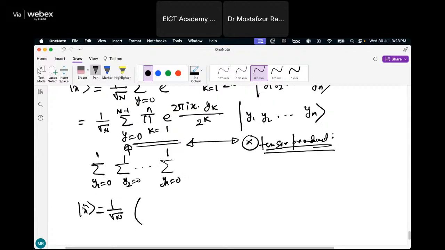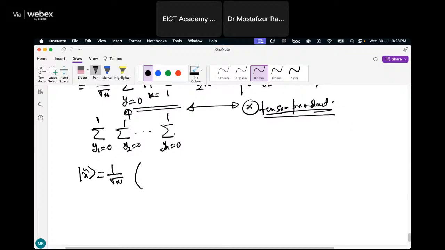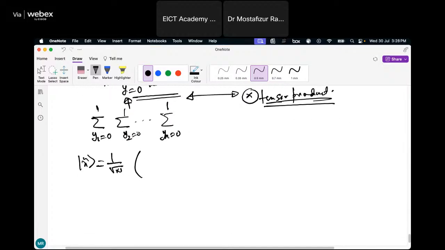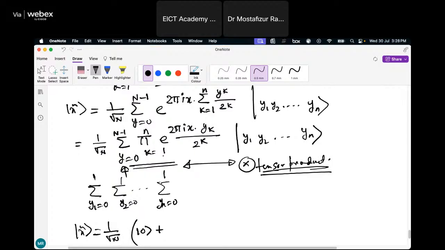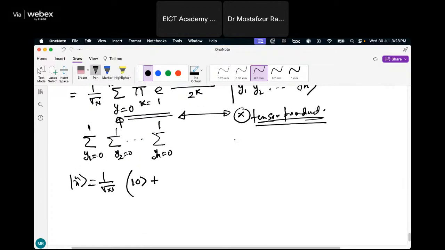So we already have seen sum of product, right? So now the beauty of this equation comes up. We can now write it as |0> plus, now I'll take various values of k from 0, 1, 2, 3, 4 up to n minus 1. So each time I write in the tensor product form, it becomes e to the power 2 pi i x 2 to the power 1, |1>. First part, tensor product.